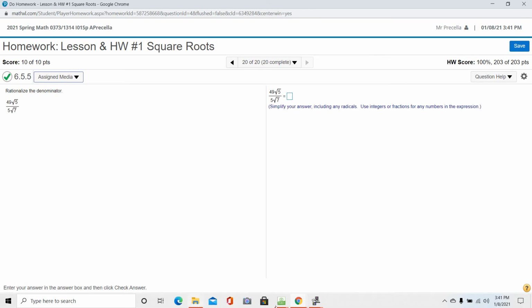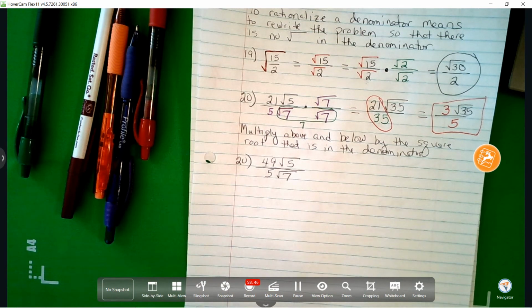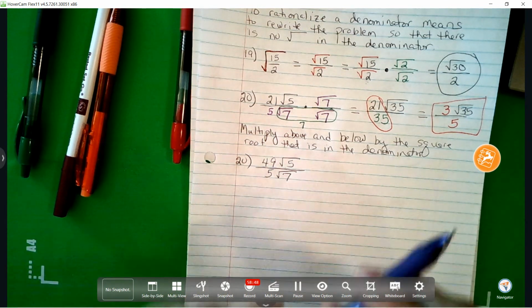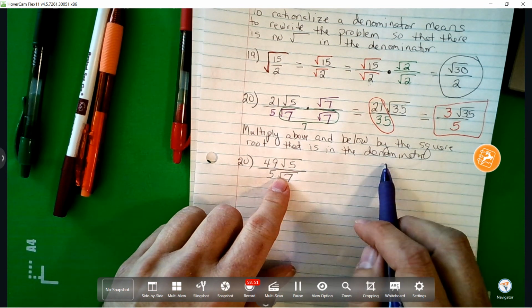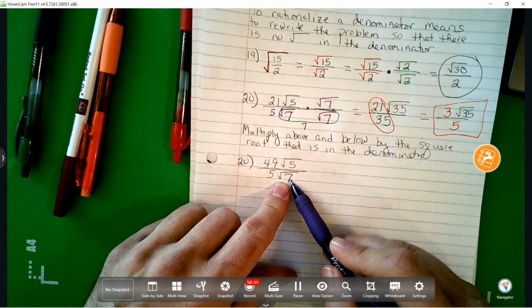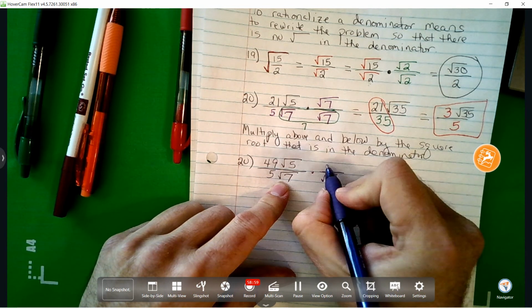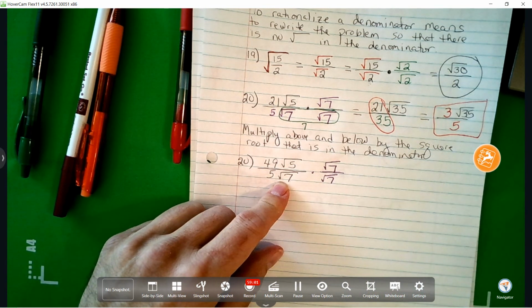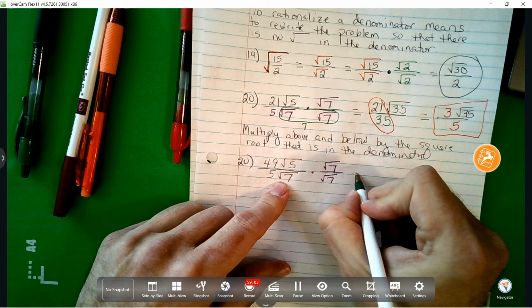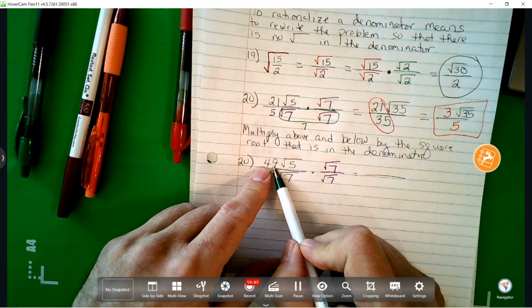Very similar. You multiply above and below by the square root that's in the denominator. So the square root in the denominator is still a 7. So we write times square root of 7 over square root of 7. And on top we have a 49.